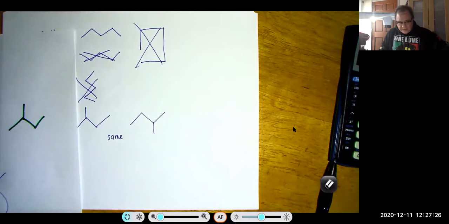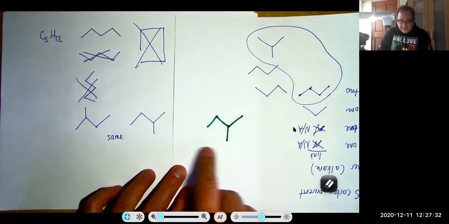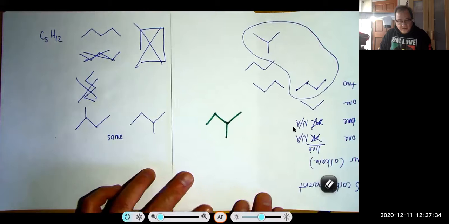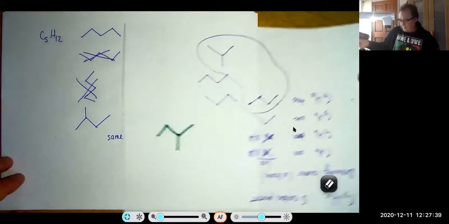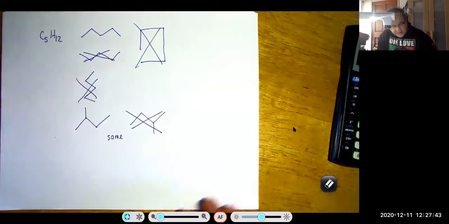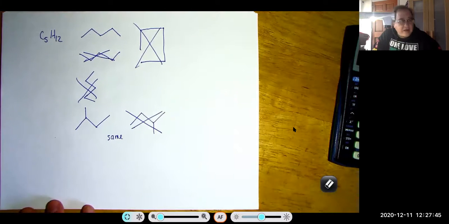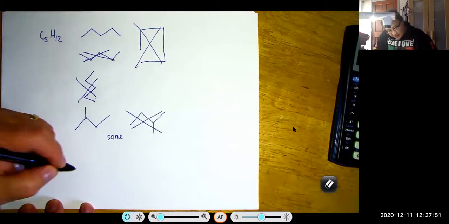Now, if I were to take it and flip it, you can see it's the same as that. So these are the same. Okay. Are there any others that we can draw where the parent, the longest chain is 4? The answer is no. How about 3?